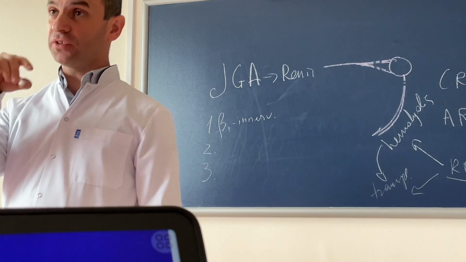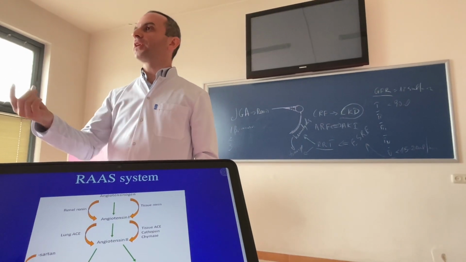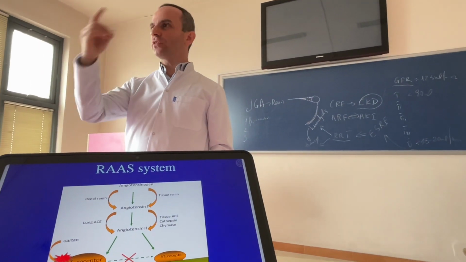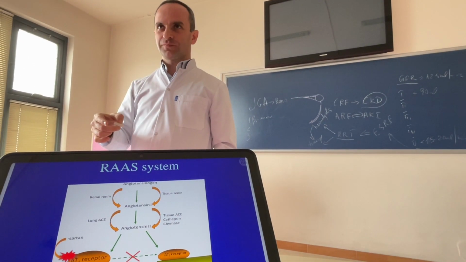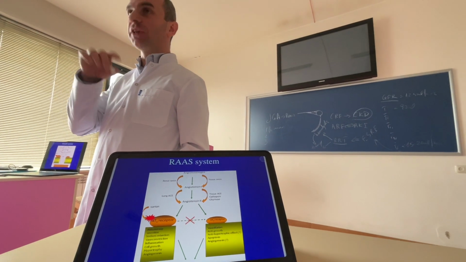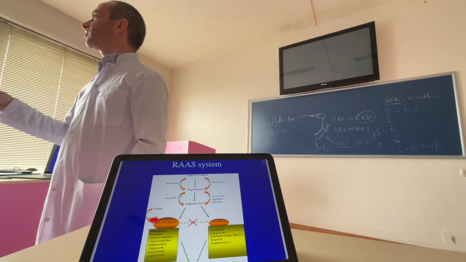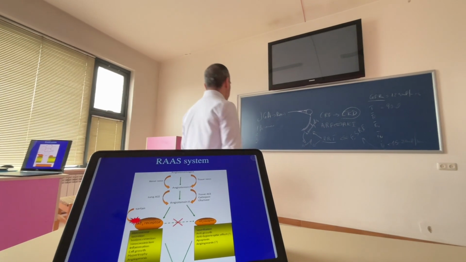It has beta-1 receptors. Accordingly, if we have sympathetic overactivity, it increases renin release. And vice versa, if you give beta blockers, it will also inhibit renin release, not synthesis, because they are synthesized well.